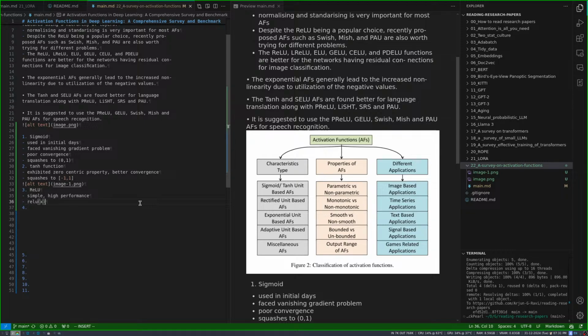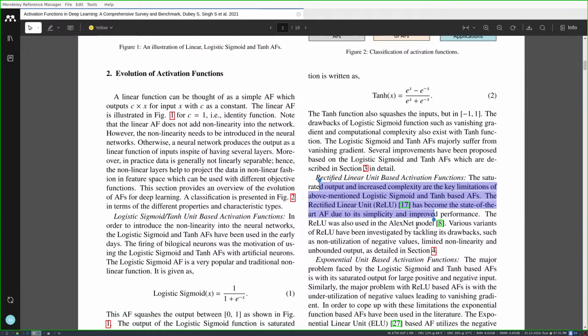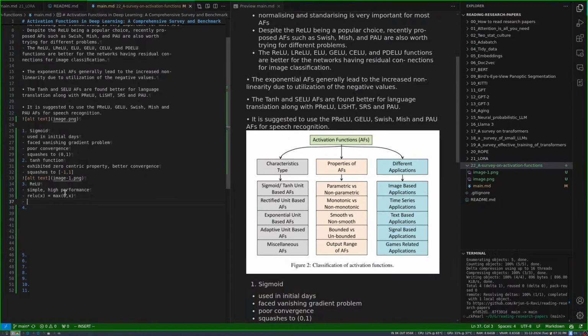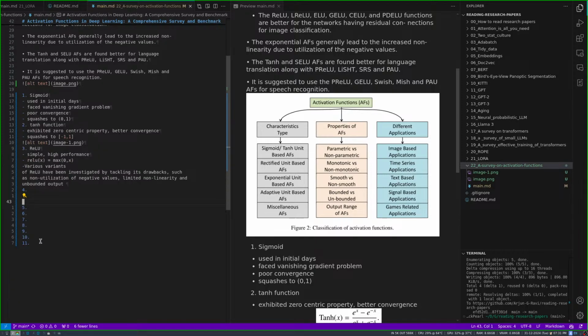ReLU of x equals max of 0, x. It was used in AlexNet. Various variants of ReLU have been investigated to tackle its drawbacks, such as under-utilization of negative values, limited non-linearity, and unbounded output. Those are the default issues with ReLU.